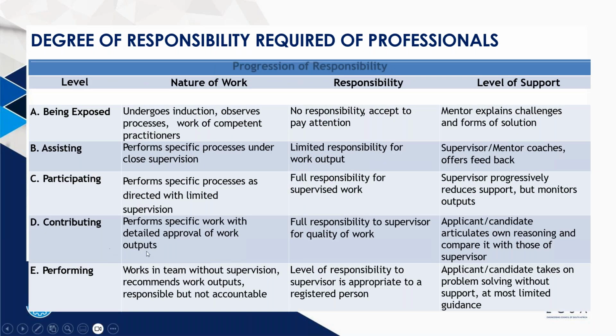And then on level E, this is where you are performing. Level of responsibility to supervisor is appropriate to a registered person. This is where you become accountable for the work. You have no supervision. You recommend the work outputs. You are responsible for your work, but you are not accountable simply because you are not registered yet, but you are able to make a decision in that regard.